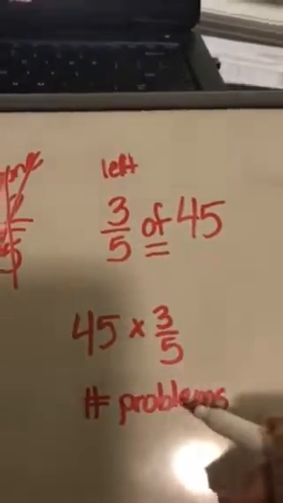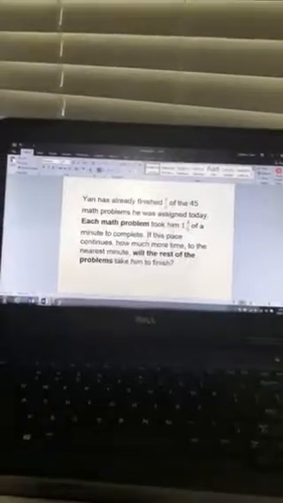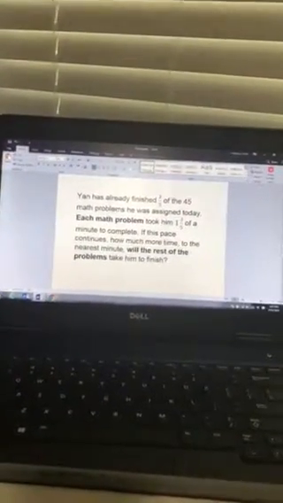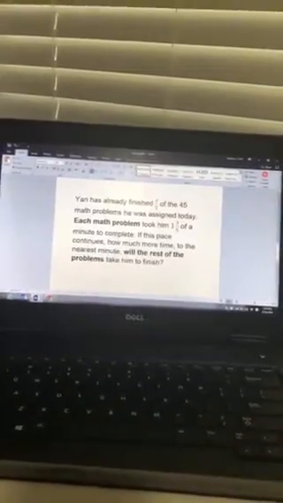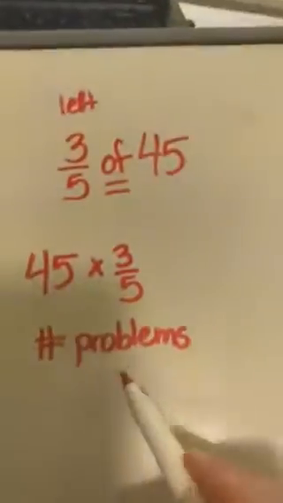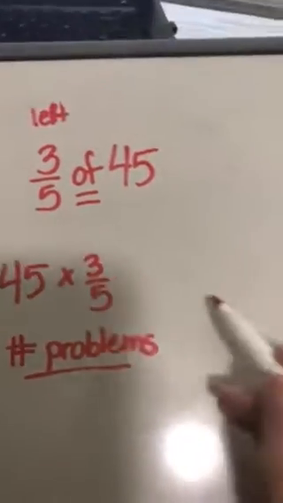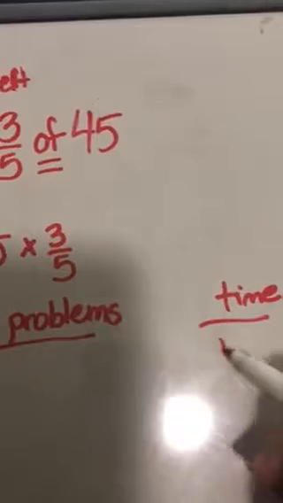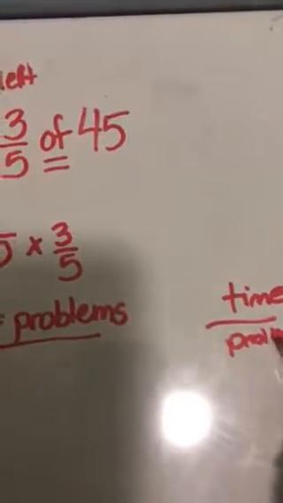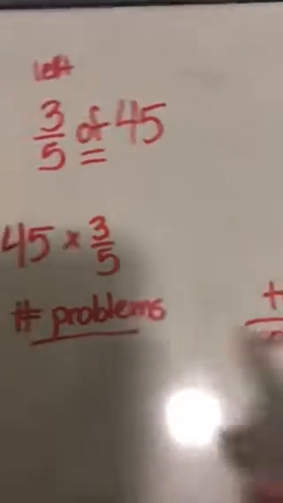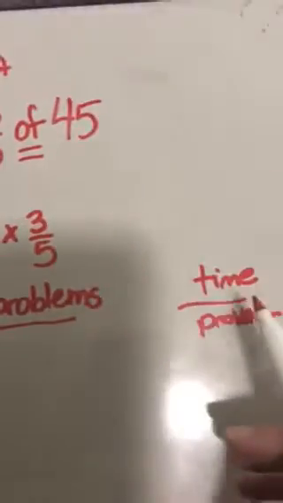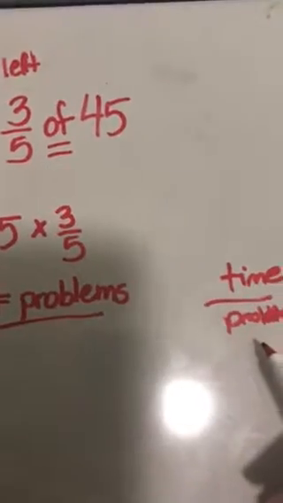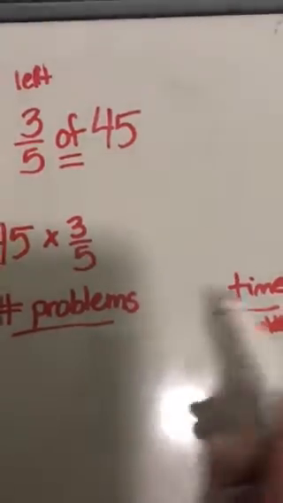Now, then it gives me how much time each problem takes. And this may confuse you because you see that keyword each, but because we have a total number of problems and we have an amount of time per problem, we are actually going to multiply the number of problems times the amount of time each problem takes me to complete, so that I'm left with just the amount of time.